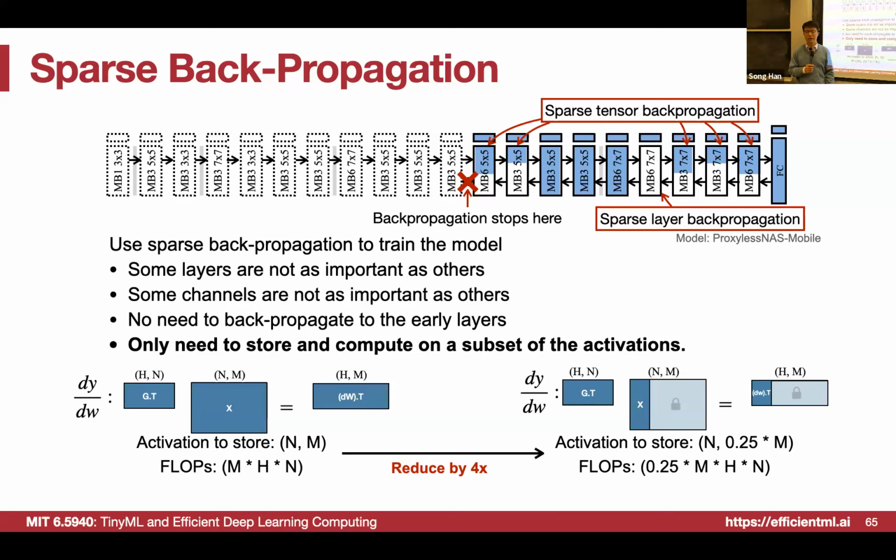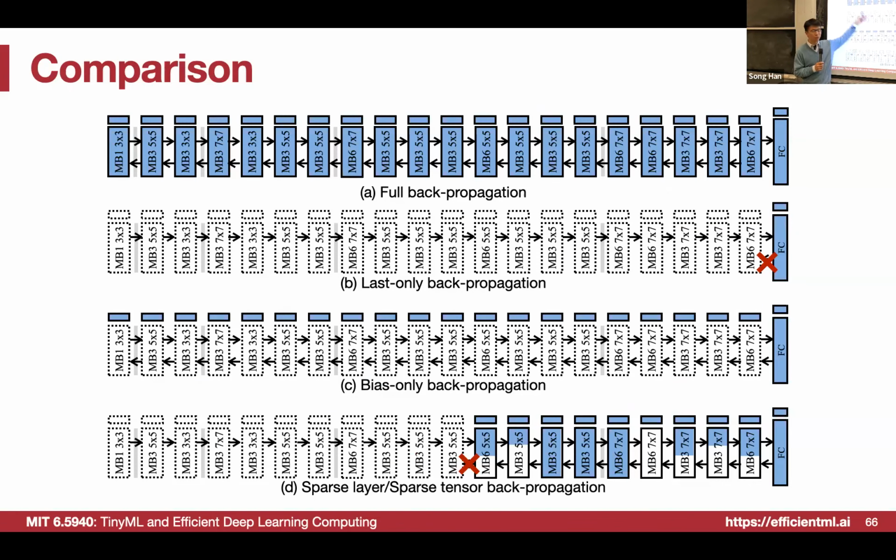The next question is, how do we automatically find which layers are salient and which channels are salient? So this is putting everything together: dense, full update, full backpropagation, last layer only backpropagation, bias only backpropagation, versus sparse layer, sparse tensor backpropagation.